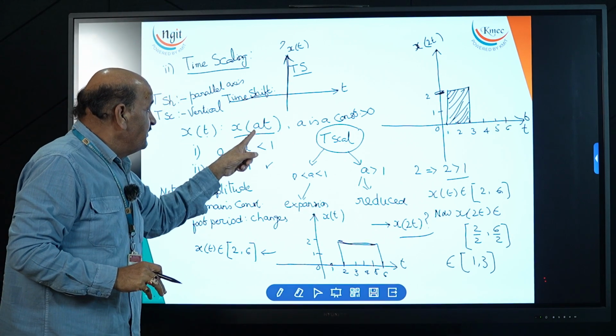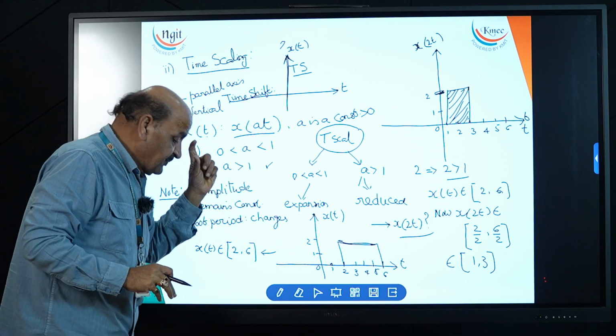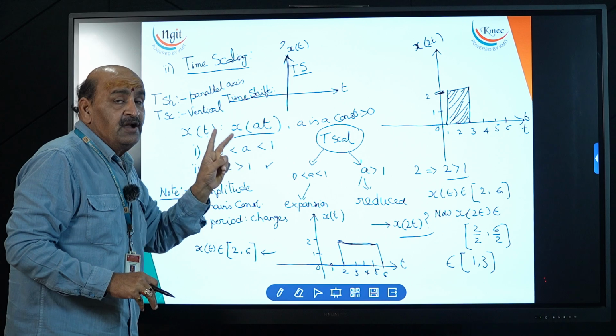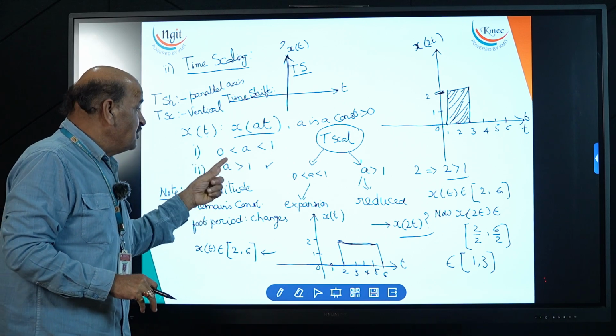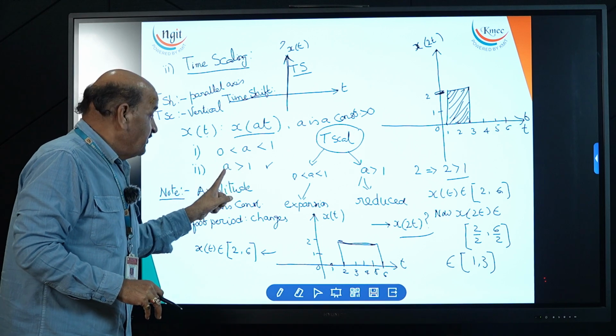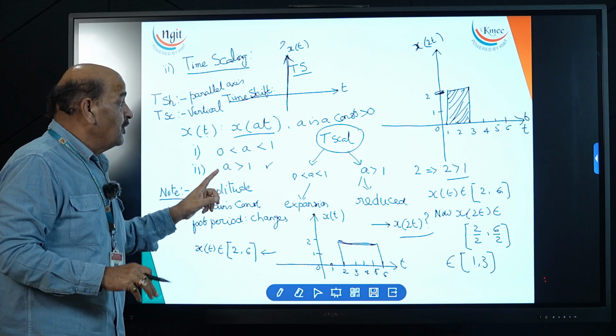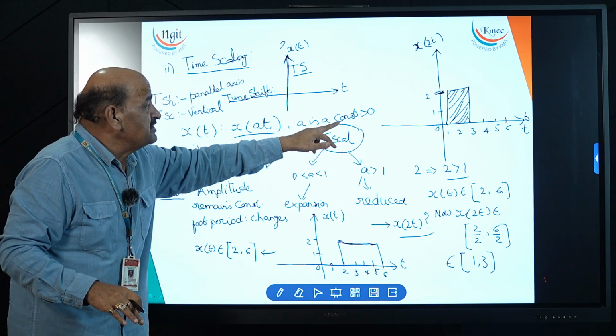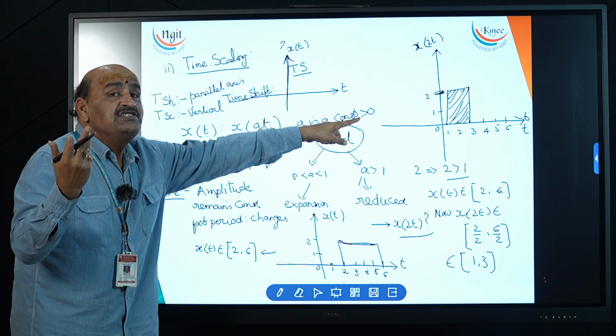Now just look at, with what factor are we multiplying? We are multiplying with A. That A can be in two conditions. The value of A can be either less than 1 but greater than 0. Second case, always greater than 0. In no case A is equal to 0. A is a constant, always greater than 0 only.